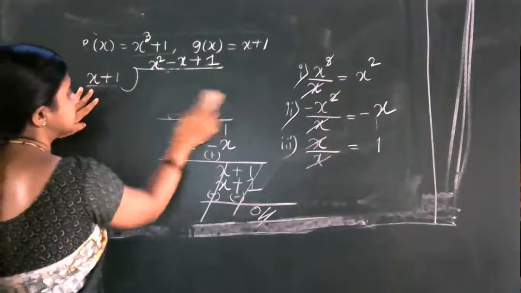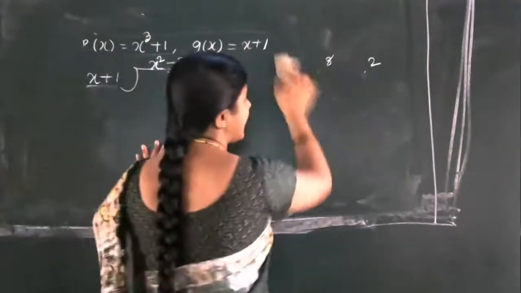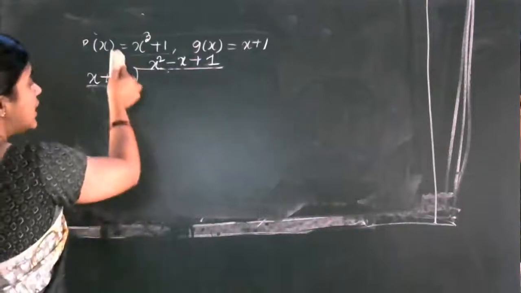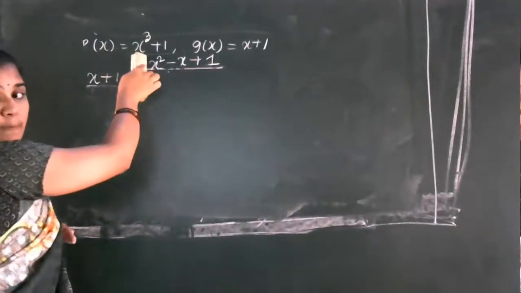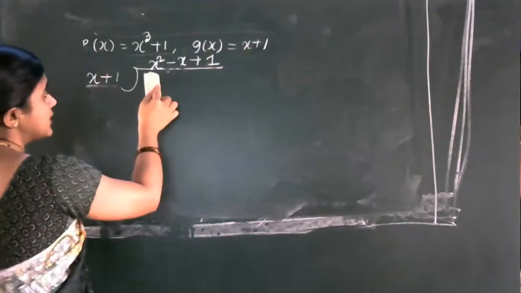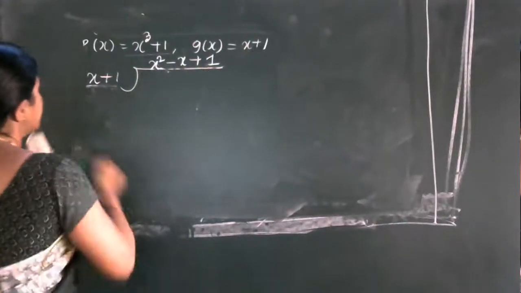I'll erase this much part. Remainder is 0, keep it in your mind. Can I rub this one also? Dividend is x cube plus 1. Divisor is x plus 1. Quotient is x square minus x plus 1. So we will do it like this.